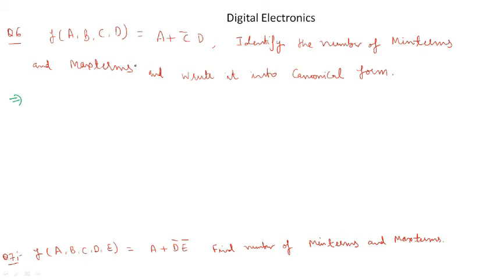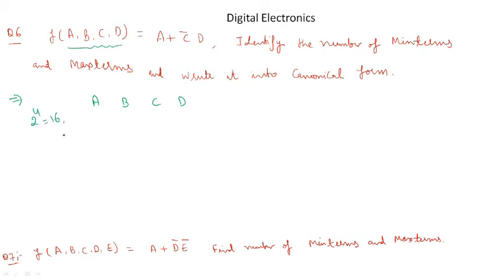Here the output is given in terms of the four input variables, so we will make a truth table which will have the four input variables A, B, C and D, and there will be 2 to the power 4, meaning 16 rows.